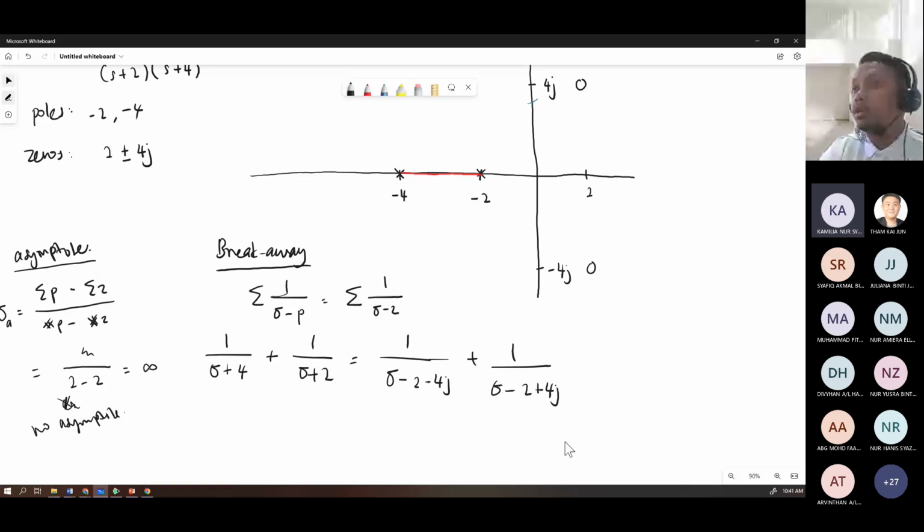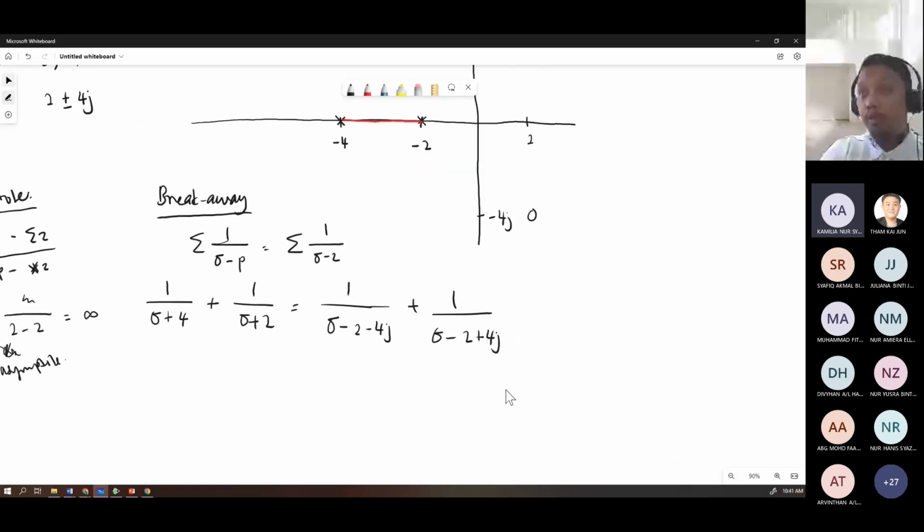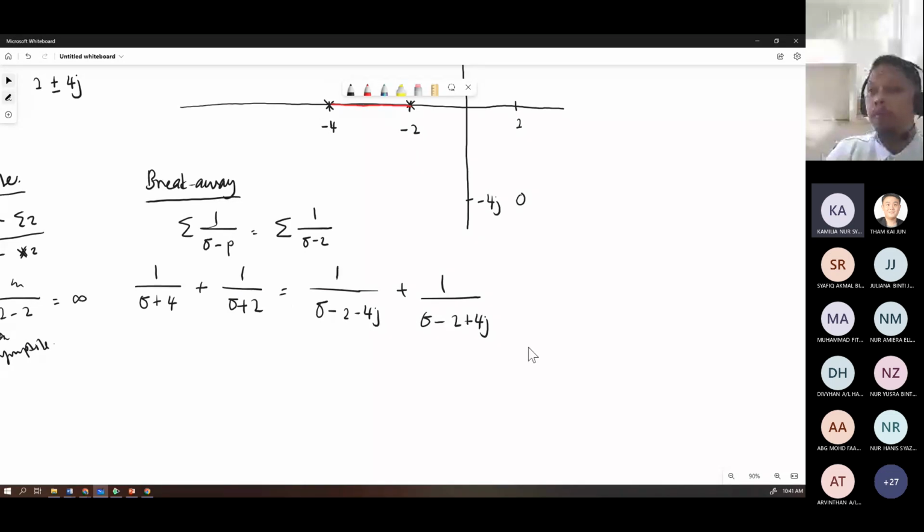Okay, so since you have Symbolab during the exam, you can calculate this using Symbolab. But if you don't have Symbolab, then you can calculate manually.